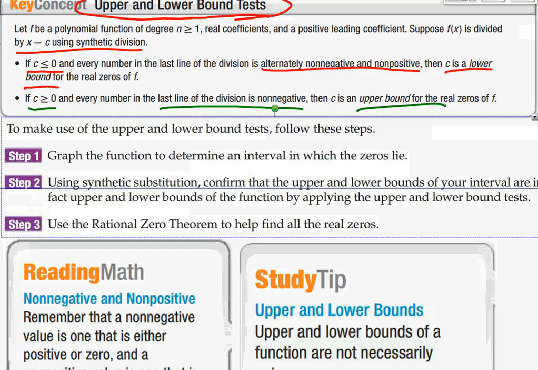If c is greater than 0 and that last line of synthetic division is non-negative, then it's an upper bound for the real zeros, and we don't have to go any higher.